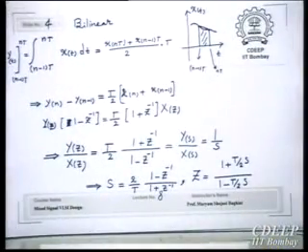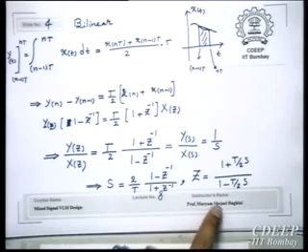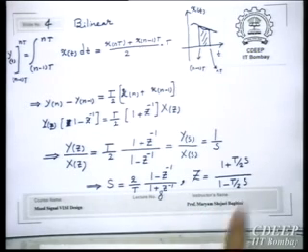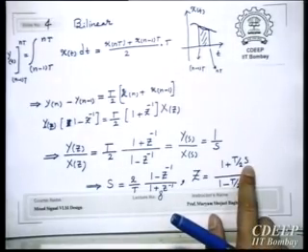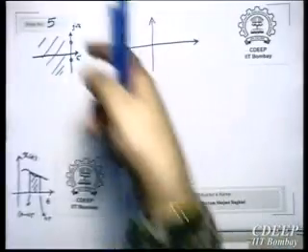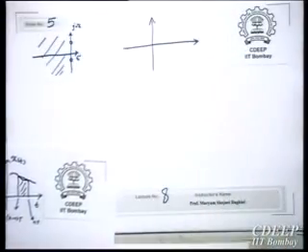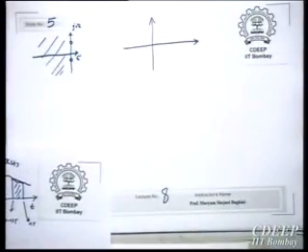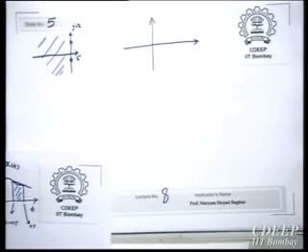If z is equal to e to the power j omega, what will be the magnitude of z? z will be 1, right? Now suppose I consider the mapping from j omega, that is a very important mapping. If you remember, that was creating a problem in other approximations.